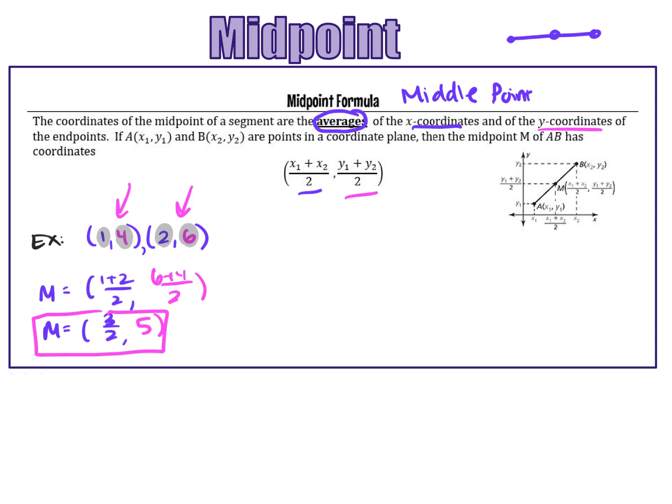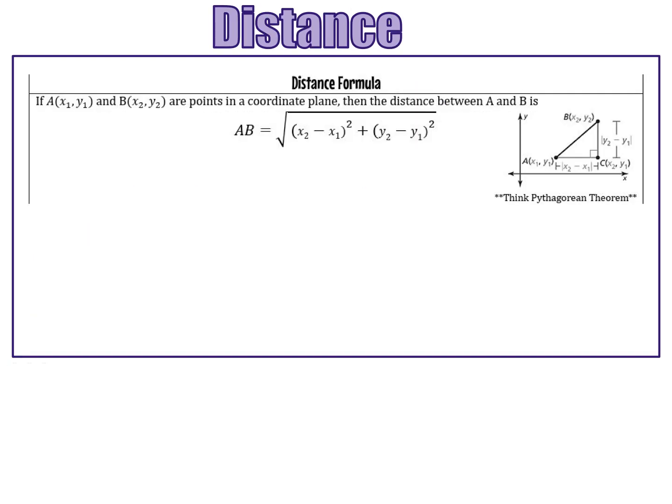Let's talk about distance and then jump into some examples. If we are talking about the length of a segment, as we did when we learned the ruler postulate, we're talking about how long a piece of a segment is. When that's just a number and not in a coordinate plane, we can use a tool to measure. In a coordinate plane, we need to look again at our x coordinates and our y coordinates to determine the distance.